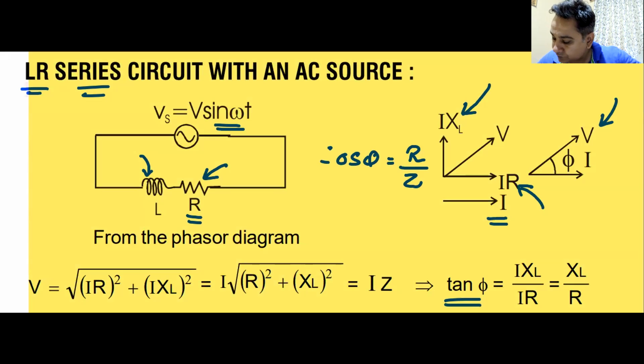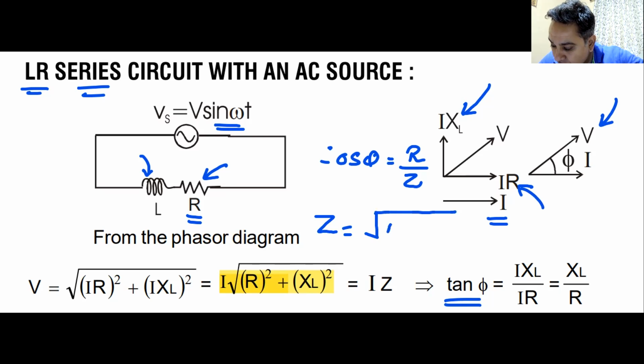The value of Z is under root of R square plus XL square.